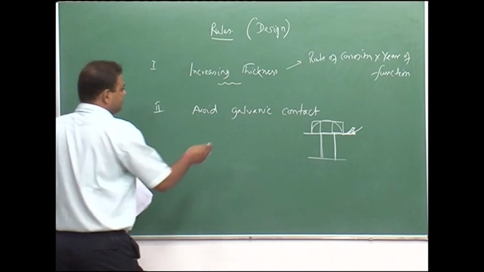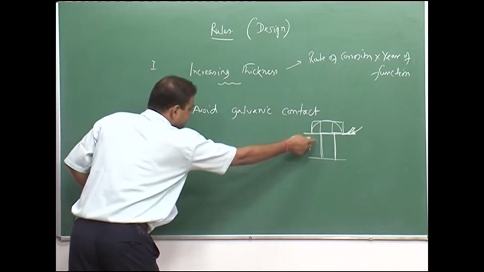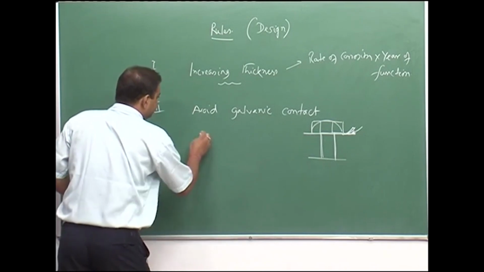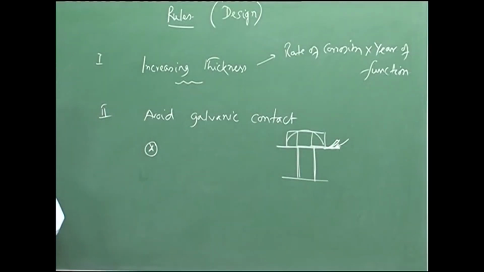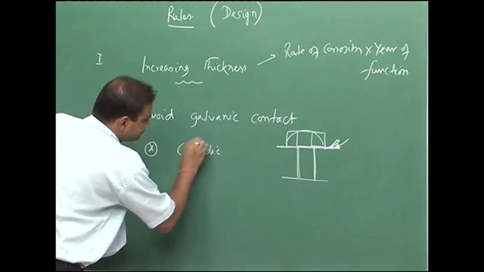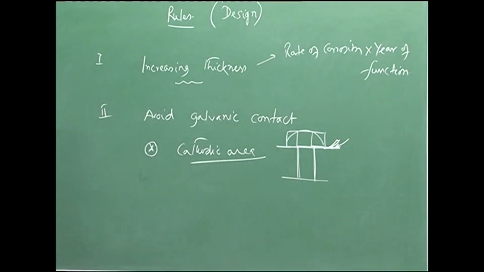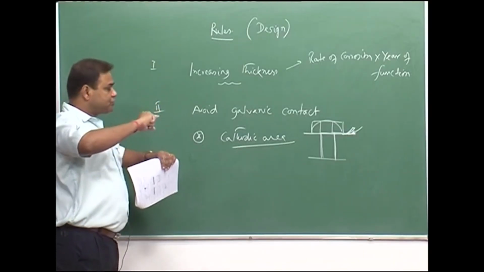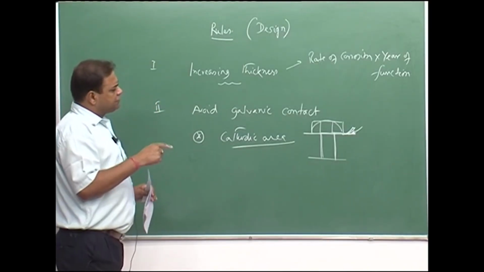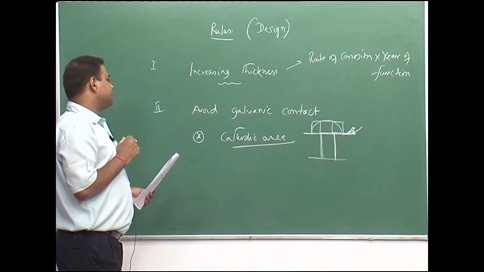Another process could be if we can paint, if we can cover up the cathodic area, then the corrosion rate would be different, because there should be a minimum effect from the unfavorable area issue or area related corrosion.